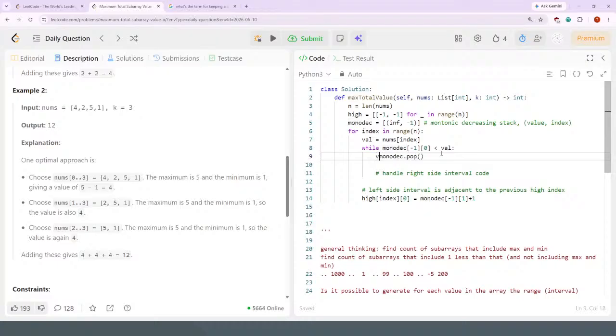I'll do value and index. I might not need the value, to be honest. I just need the index of this previously popped thing.